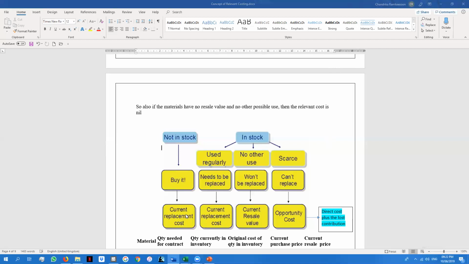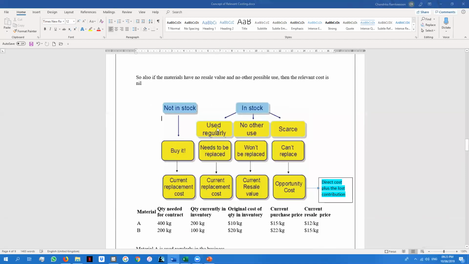If, however, the material to be charged to the job is in stock, now there you've got a few more variations to think about. So really, you much prefer to see not in stock in the exam than in stock. So now the materials are in stock. The 500 kilograms required for this job are in stock. But let's look at the different scenarios which may apply to them.